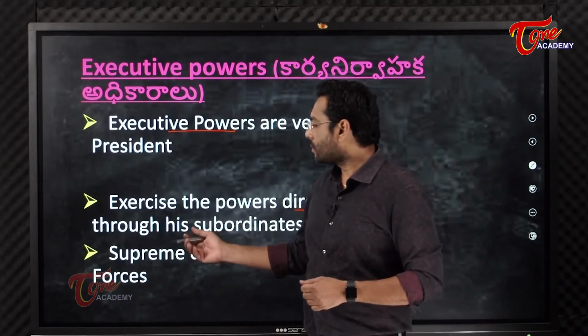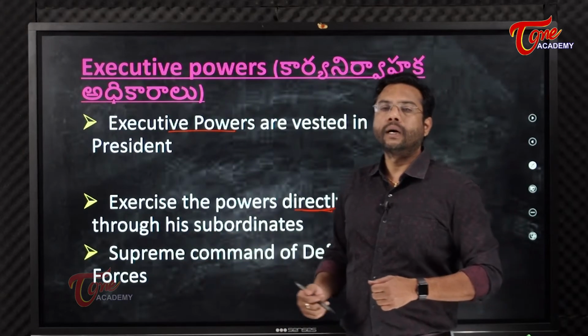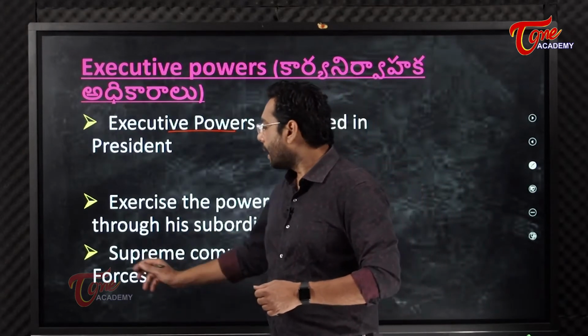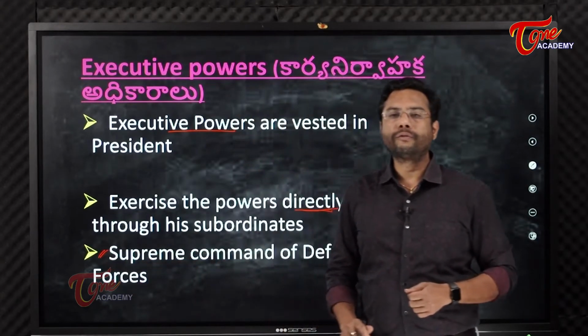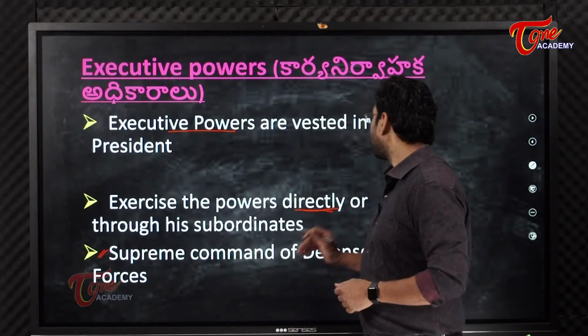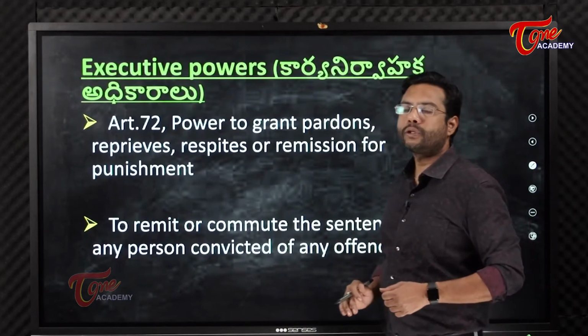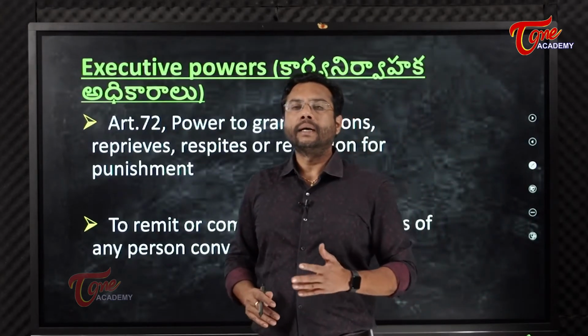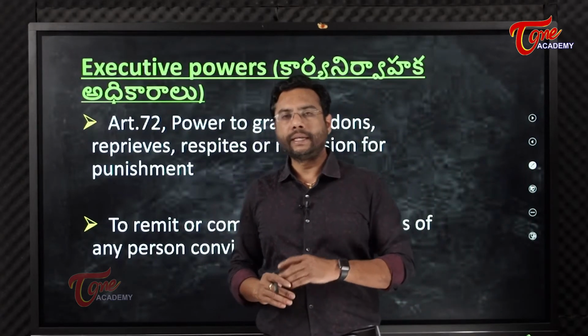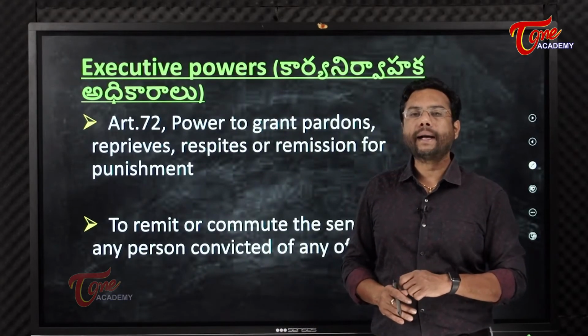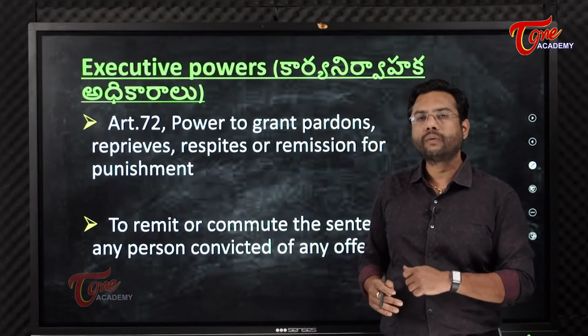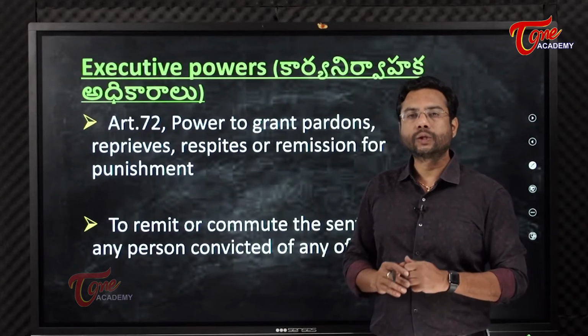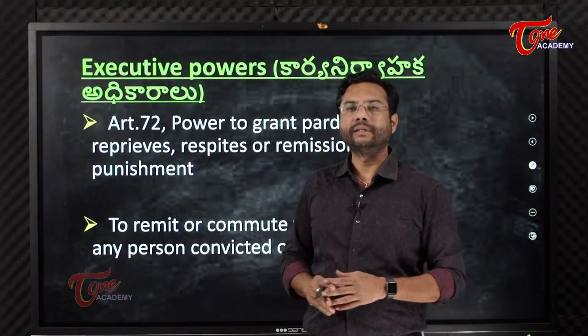And this generally comes under the military power. That is, the president is the supreme commander of all 3 forces. We have 3 forces: Army, Navy and Indian Air Force, and the president commands all 3 forces. That is the reason why we call the president the supreme commander of defense.